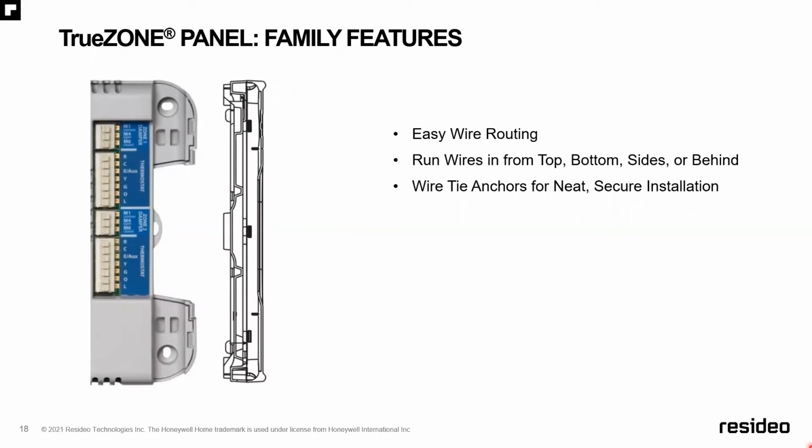One of the things that the engineers have done for you when they were designing this panel is they've given you all sorts of ways to route the wire. So not only do you have the ability to come in from the top, to come in from the bottom, but when you come in from the sides, if you need to go behind the panel to get to the other side and have it look neat, you have the ability to do that.